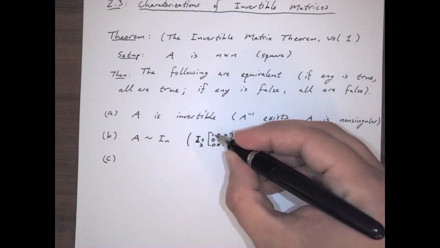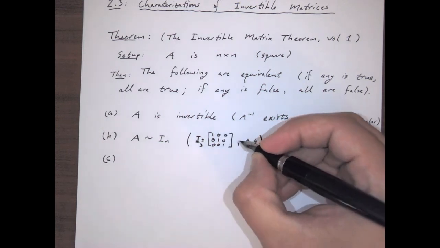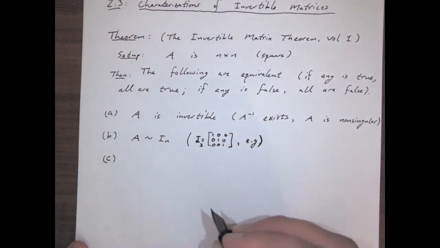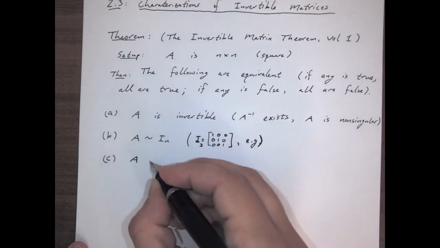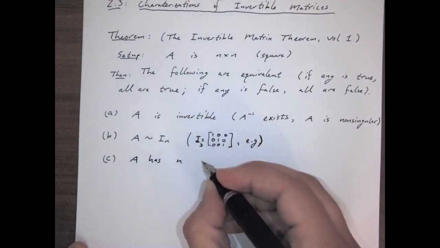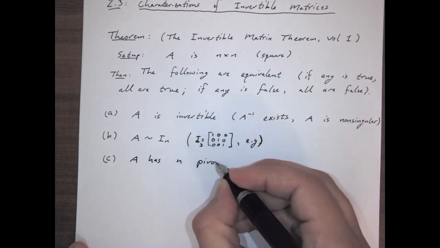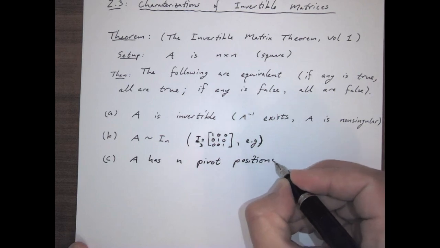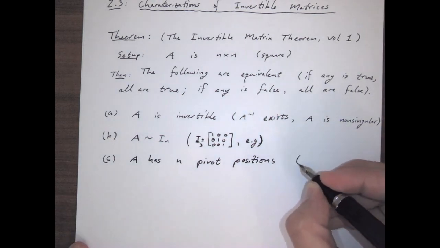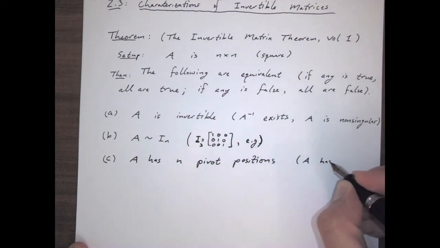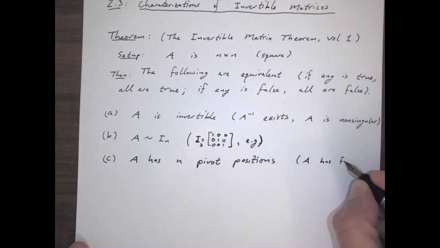It's got leading ones in every row, every column, which means that it has all n pivot positions. So we could say A has n pivot positions. Another way of wording this is it has full rank. You'll see more what that means later on, but I just want to give you all the words.